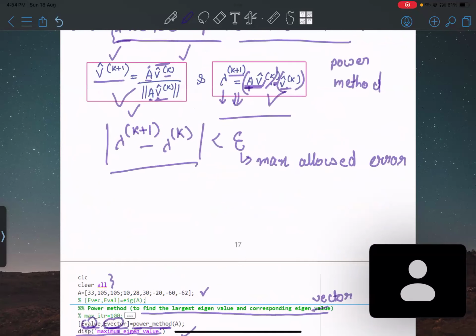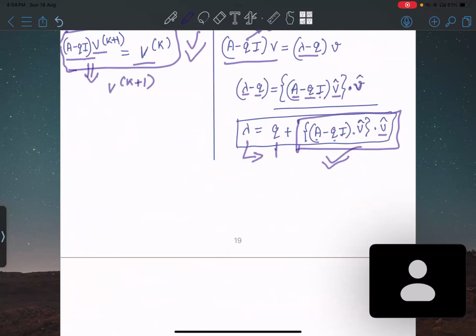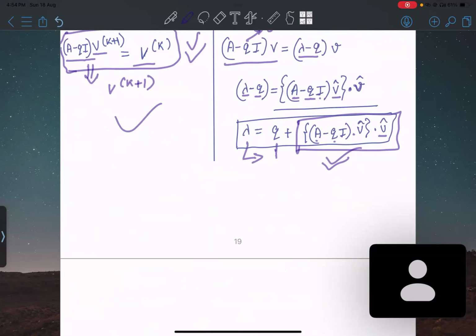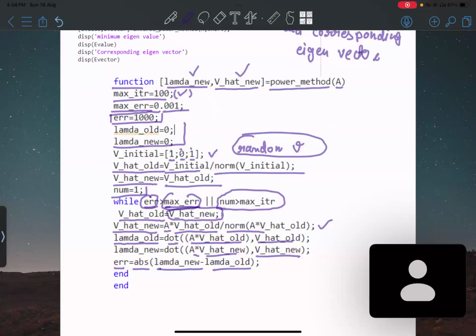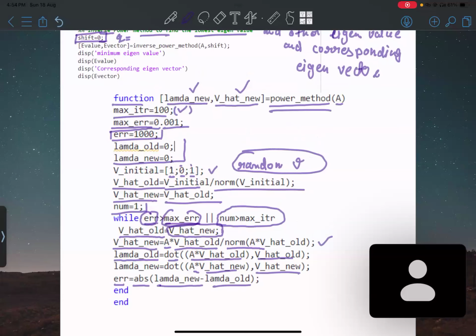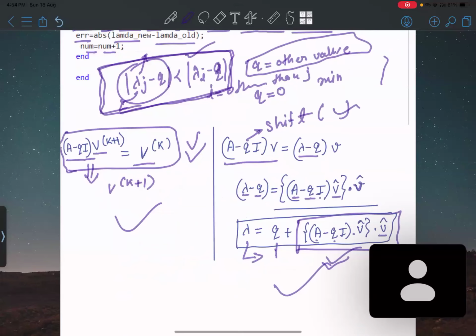Okay. The main equations, these four main equations we have written. Then we have made the functions for the power method and the inverse power method. Okay.